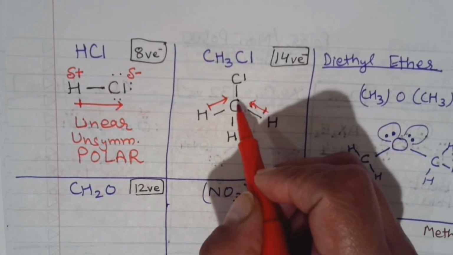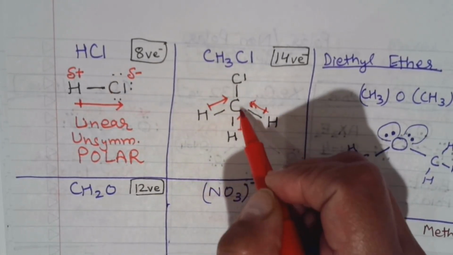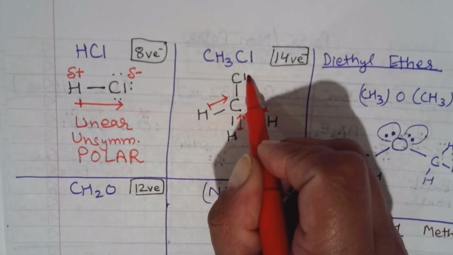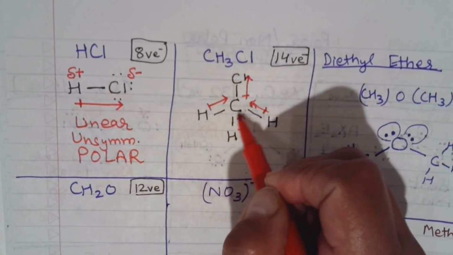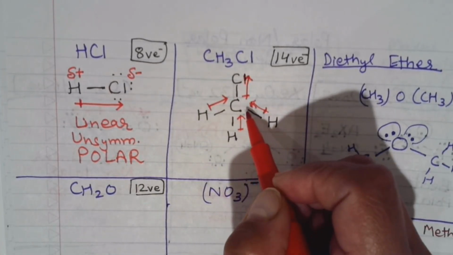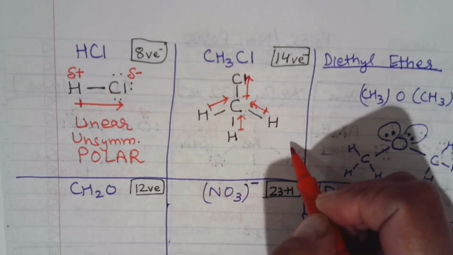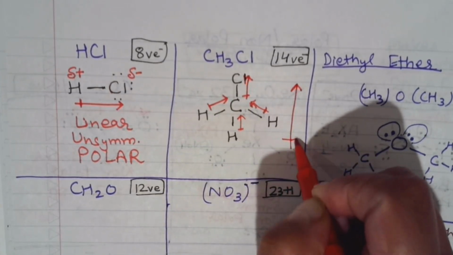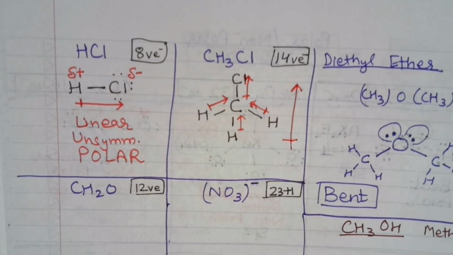Now there is a significant electronegativity difference between carbon and chlorine. So the carbon-chlorine bond is polar, and this is the direction. If you check, the overall direction of the polarity is towards the chlorine, right?